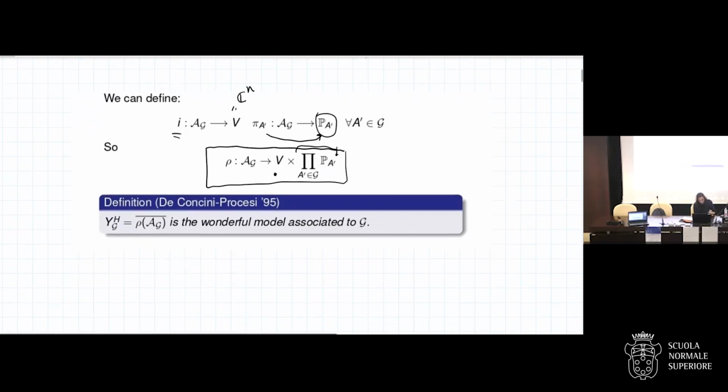This is a variety. And just a small comment on the notation: this variety depends on G, because that's the choice we made.